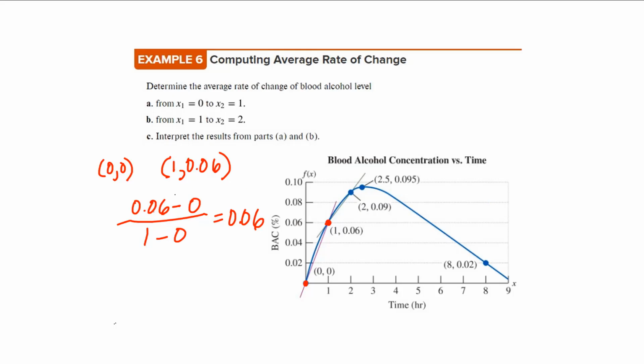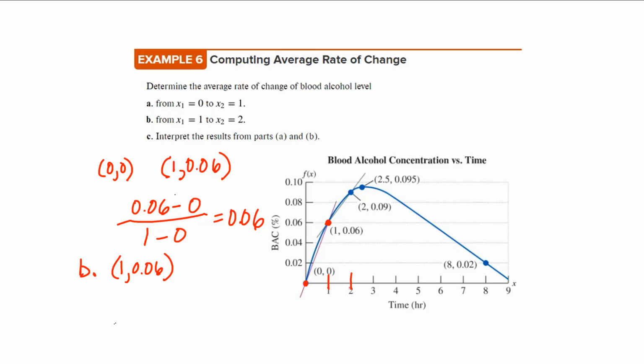For part B, the rate of change from x sub 1 equals 1 to x sub 2 equals 2, now you're talking about the rate of change of your blood alcohol level as you go from the first hour to the second hour after drinking alcohol. All right, so what's going on here? What are the 2 points? Well, at x equals 1, we have that point (1, 0.06).